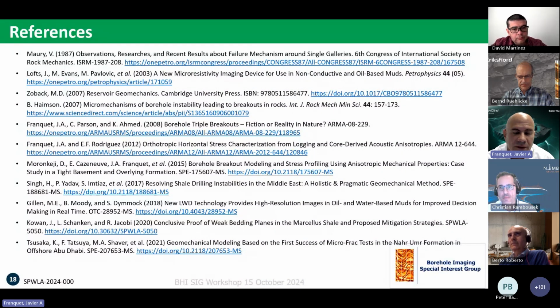If the well is vertical, any combination of maximum and minimum horizontal stress can reproduce that breakout. So you need to constrain the minimum horizontal stress, either with a microfracture or with another observation, and then you have the flexibility to use the maximum horizontal stress.